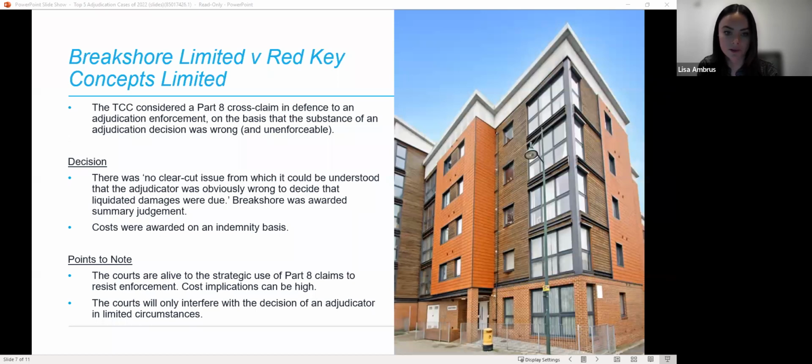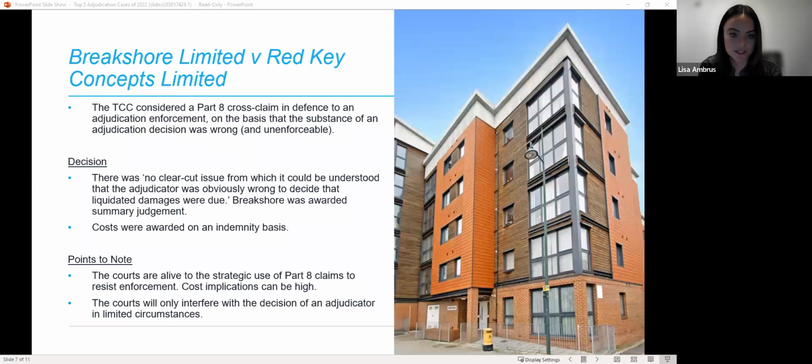Part 8 claims can be utilised where there is no substantial dispute over matters of fact and are designed to be shorter, simpler and less adversarial than the Part 7 process. Part 8 claims are often raised as a cross-claim in response to Part 7 actions which are enforcing adjudication decisions.